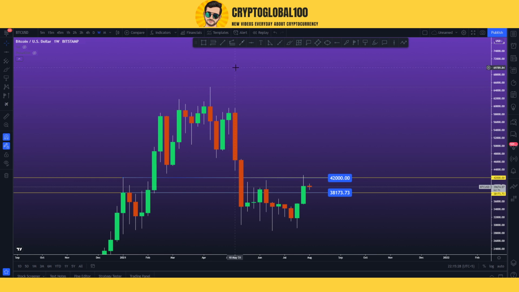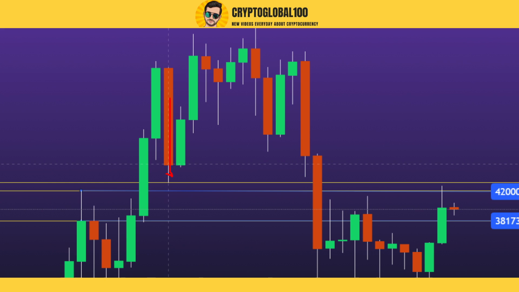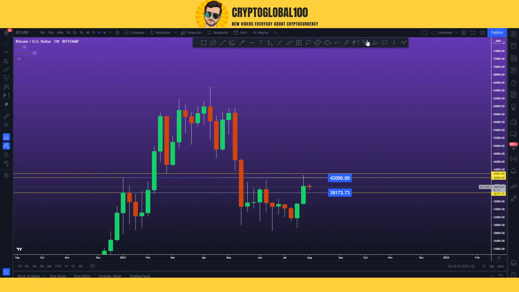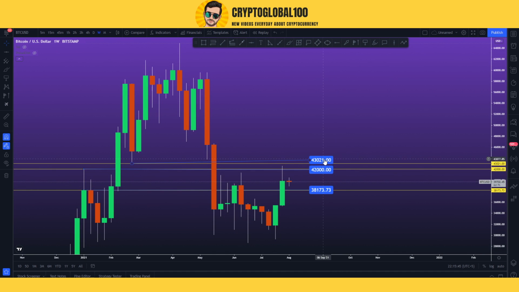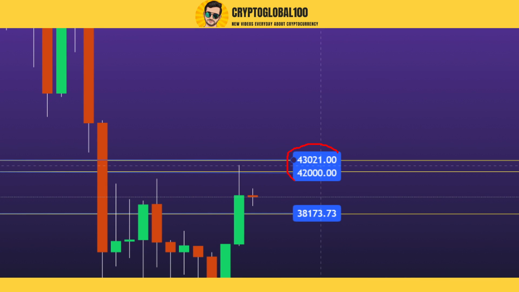So I would mark another area here as well. Why this? Because this is a swing low candle. So I'm going to mark this one as well here. Just to let you know guys, now we have two levels, 43,000 and 42,000. These are our main resistance areas.